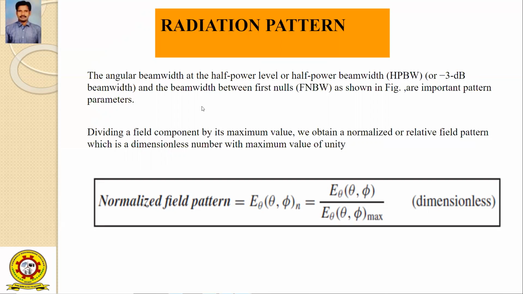By using these two values, we are able to find one parameter called the normalized field pattern, where E theta of theta comma phi is divided by E theta of theta comma phi maxima.